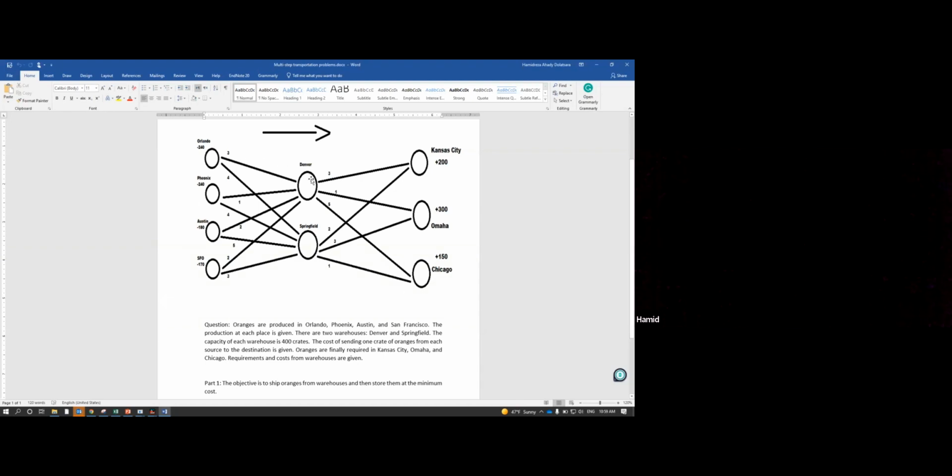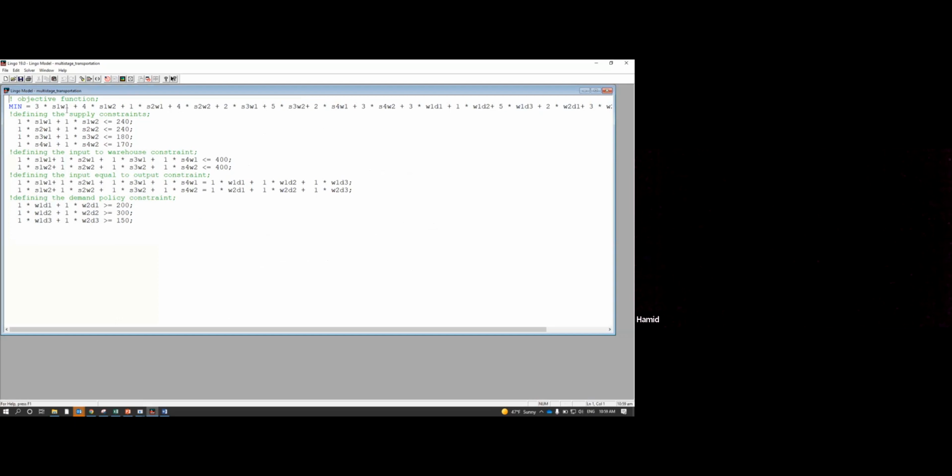So S1W1 means the decision variable of how many products are sent from Orlando to Denver, and the coefficient is 3 because the cost of sending one unit is 3. That's the reason in the objective function I put 3 times S1W1. S1W1 means how many I sent from the first supply point to the first warehouse. It costs 3 per unit.